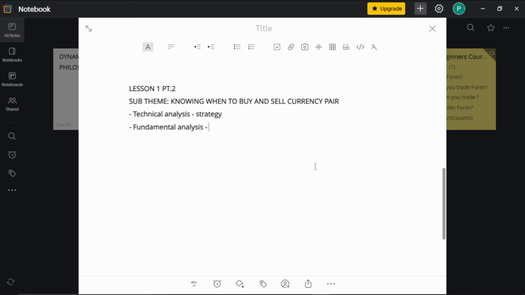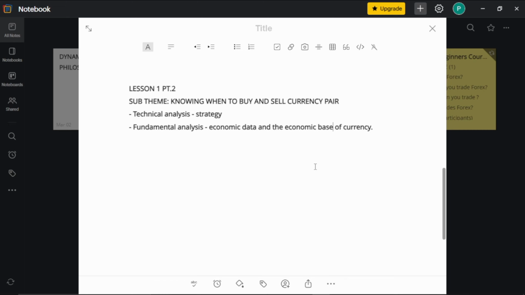Fundamental analysis requires the use of economic data and the economic base of currencies, okay? Let me just change this to base of currency. Sounds better, even though what I have always known is basis of currency.